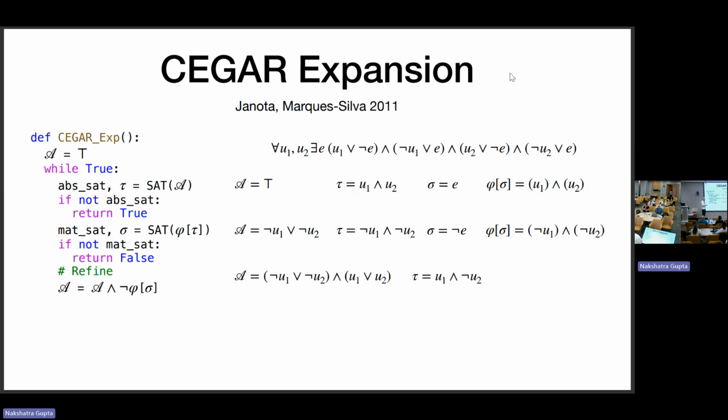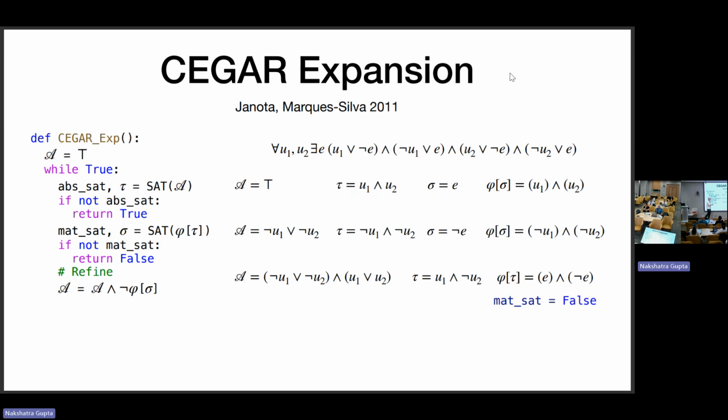A potential move that satisfies this abstraction for the universal player is U1 and not U2. If we plug in this universal assignment now, we can see that this formula here is unsatisfiable. So this is a winning move for the universal player, against which the existential player has no counter move. And so this SAT call comes back unsat, and the algorithm concludes that the QBF is false.